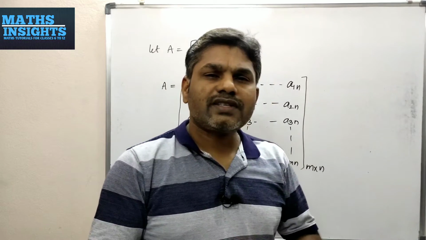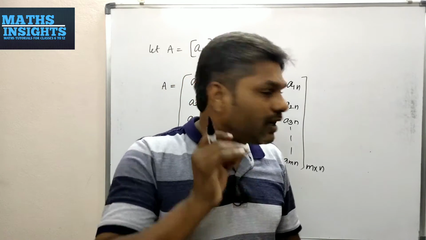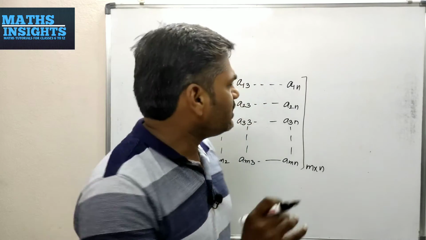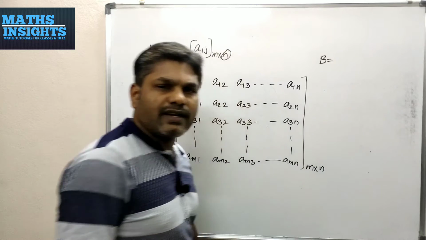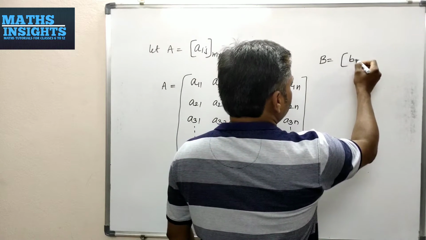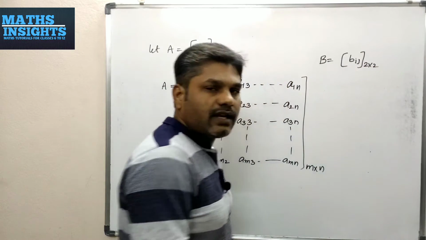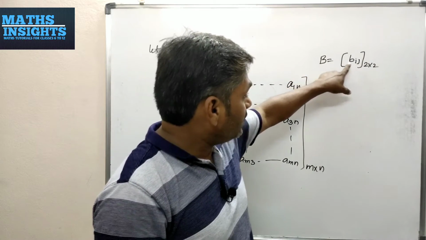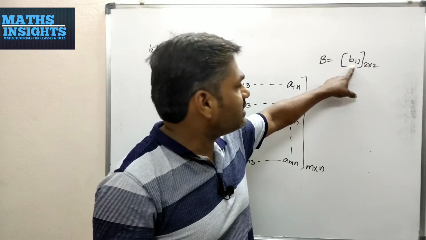Now you may face a problem: how to construct a matrix from a given condition. They will give you a condition. They have given a matrix called B, that is Bij of order 2 by 2. The matrix is represented by the capital letter and the elements of the matrix with small bij.